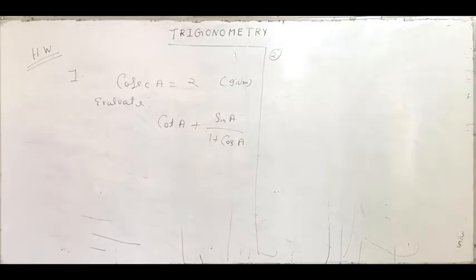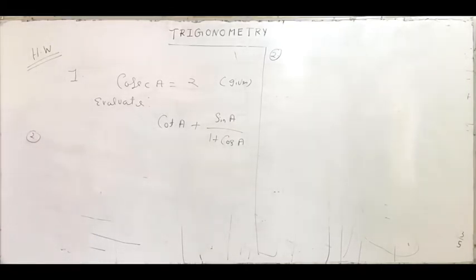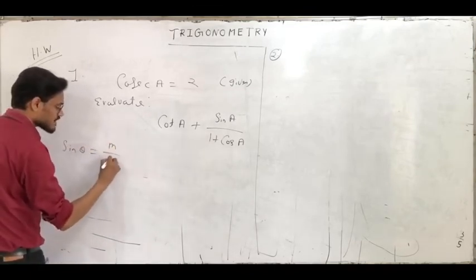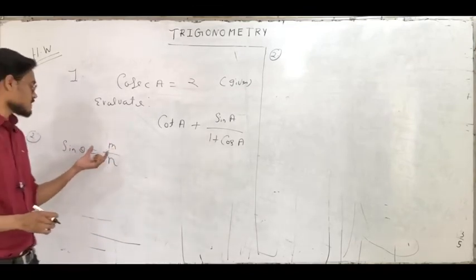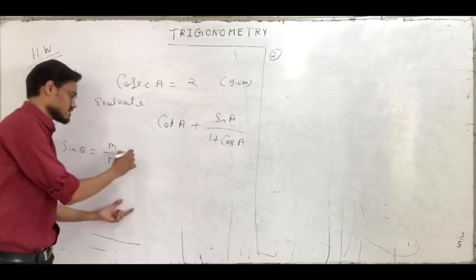Now one more question. Question number 2. This question is, suppose you are given that the value of sin theta is m by n. Now I have just replaced the numerical values by these constant letters.